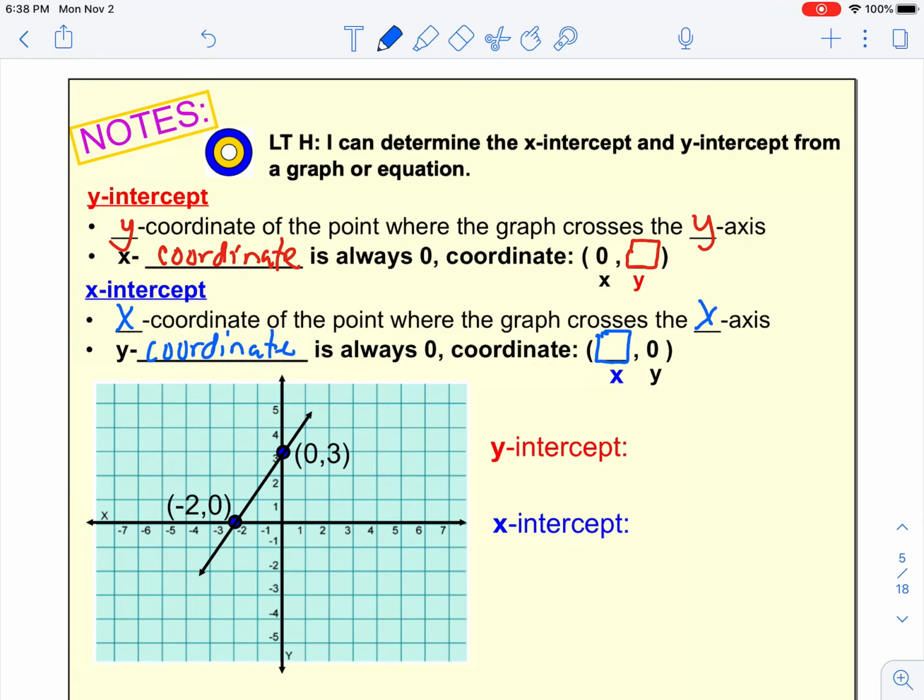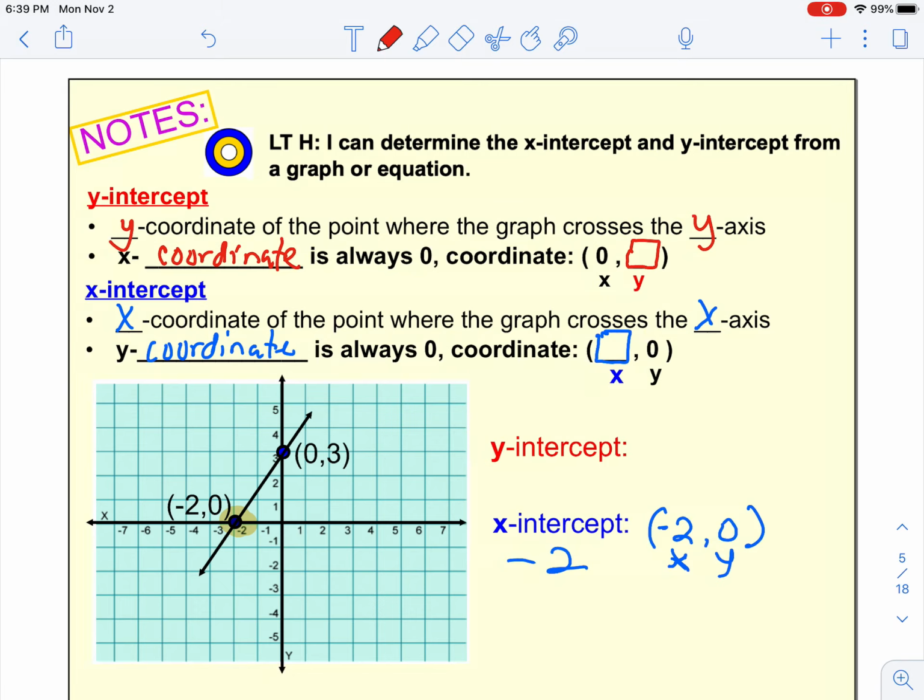So if you look at this x-intercept right here that we have, this x-intercept is crossing the x-axis at -2. And if you were to name that ordered pair, that would be the ordered pair -2, 0. So again, notice that the y value is 0, and we are looking for the x value when y is equal to 0. We could also just say the x-intercept is -2.